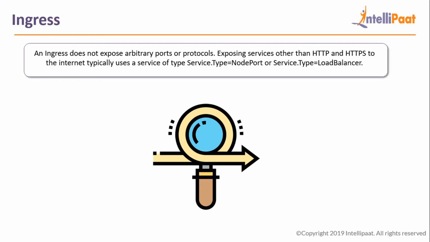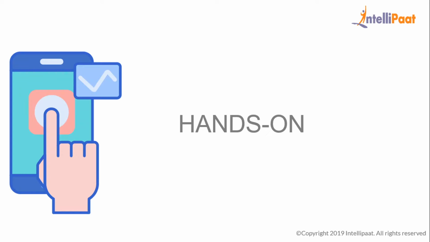So if you want to expose your service, let's say, to the internet, you can do it through node port. Or if you have a cluster IP kind of thing where you want it to be hidden, then in that case you can use Ingress to route it to a cluster IP kind of service and then move on from there, right?